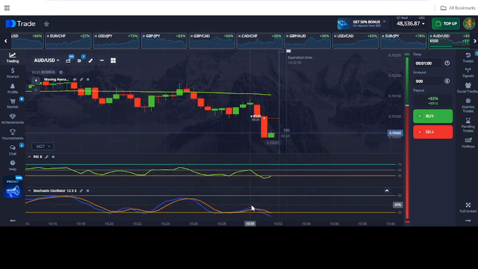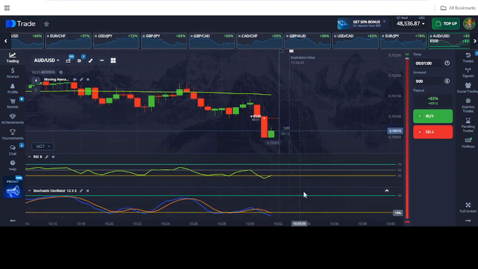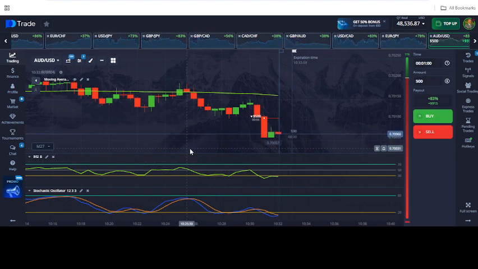And third, we have the stochastic oscillator, the blue K line crossing the orange D line also in a downward direction. So we have all three confirmations and confluences here in the trade, and this is why I took the sell trade. So let's monitor this trade and wait for the expiration.